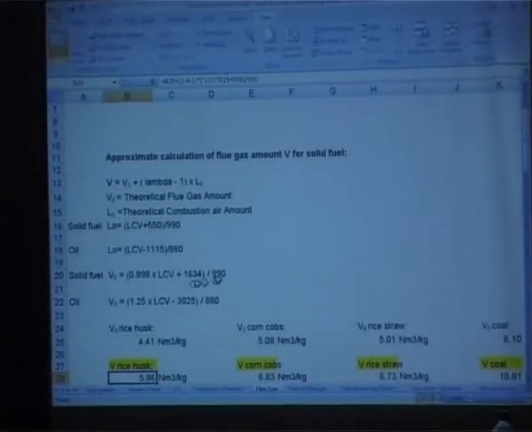And the solid fuel you can use both for coal and for the biomass. L0, the theoretical combustion air amount, the one we were looking at in the previous sheet. V0, the theoretical flue gas amount, also from the previous sheet.